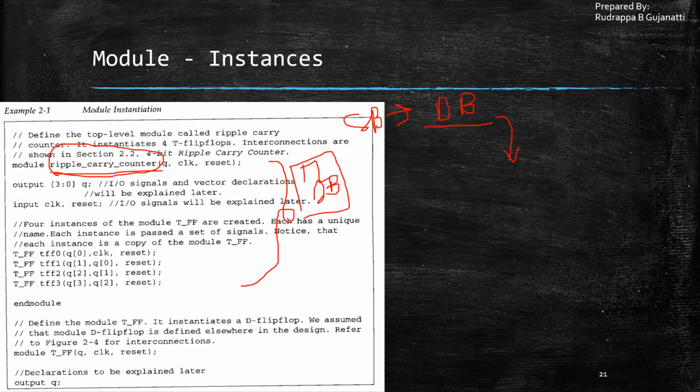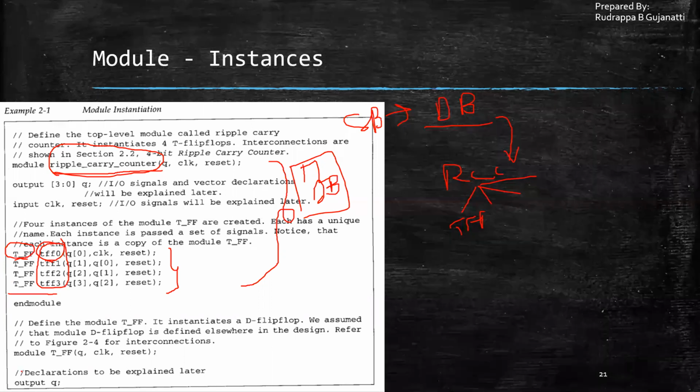Here the module name is ripple carry counter. We had discussed all these things previously, how the ripple carry counter is designed. We had used the top down design approach. It has 4 T flip flops, that is T underscore FF, which are being defined over here.